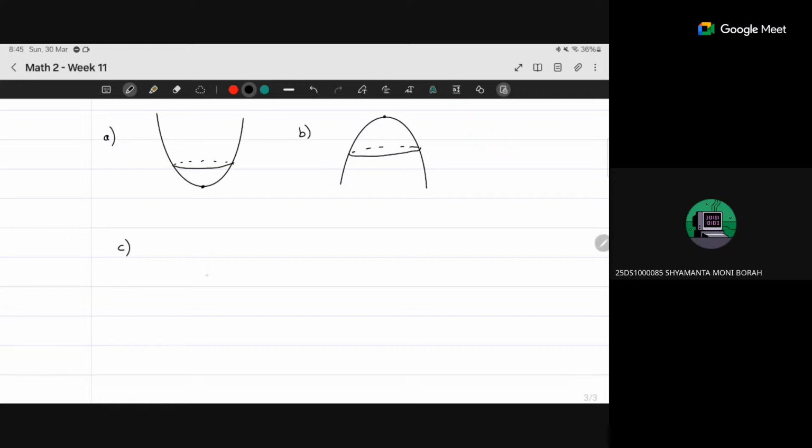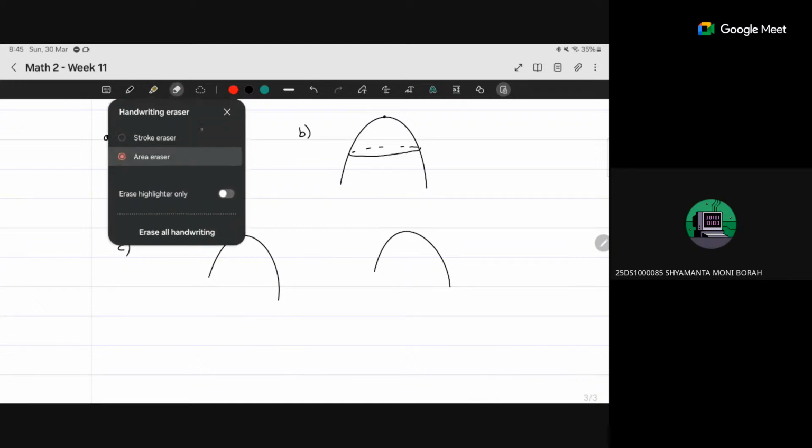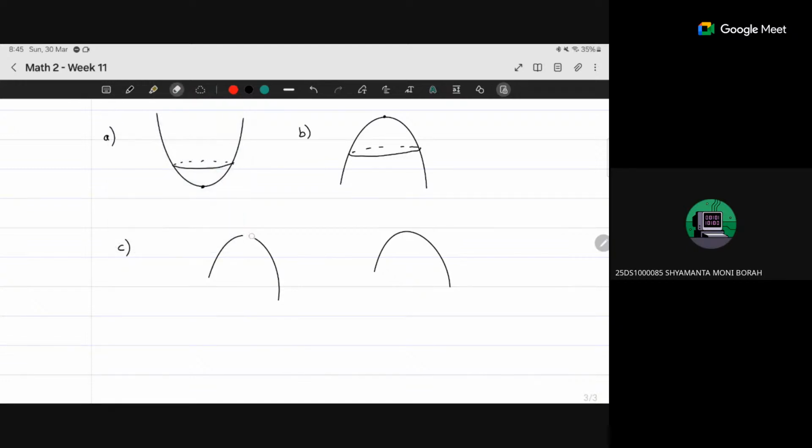That would look something like this. And let's put it quite far away. So if I have the graph of the function to be something like this, right?